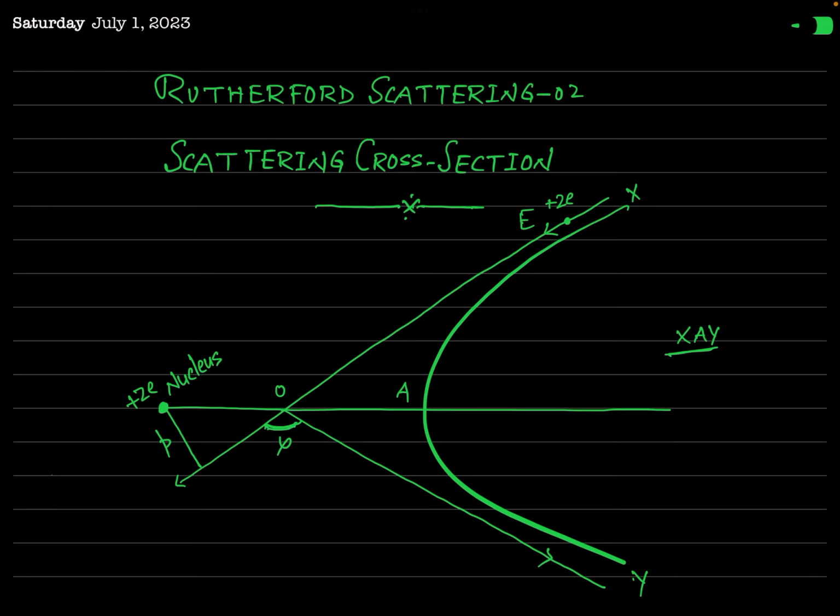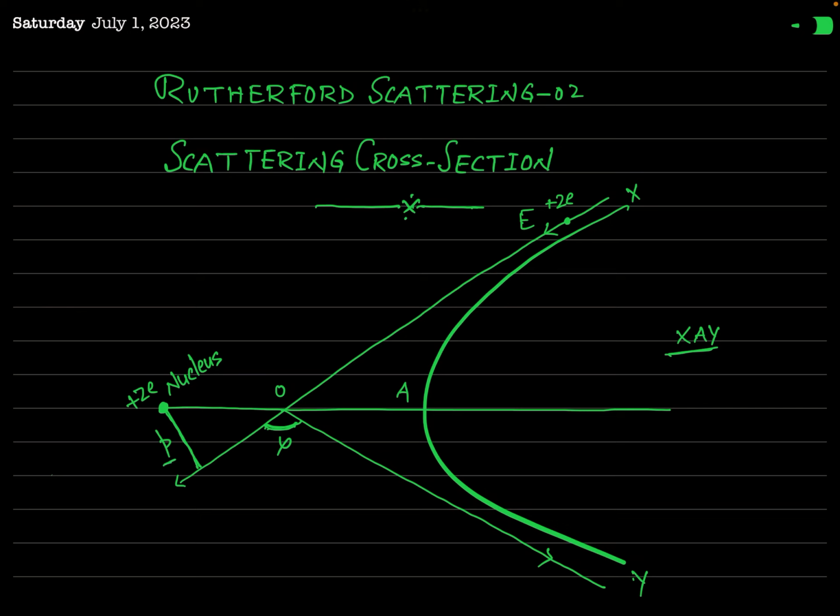Okay. And when you draw a perpendicular from the center of force, or you can say center of scattering, that is this nucleus, on the line of initial direction of motion, then the length of this perpendicular, which is equal to p, is called the impact parameter.